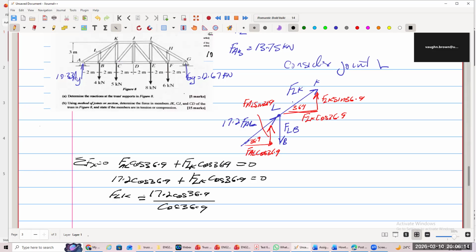So mathematically, you see that these are the same quantity. So you're basically seeing that FLK is actually equal to 17.2 kilonewtons. So FLK is the same value. All right, that's what we are getting. So we can confirm that.